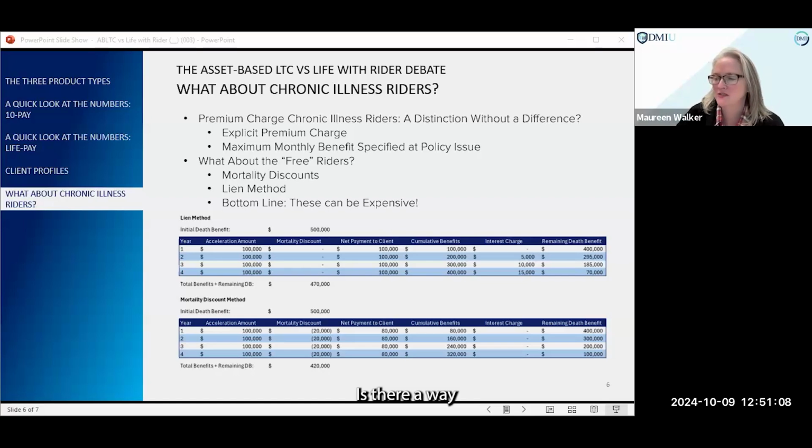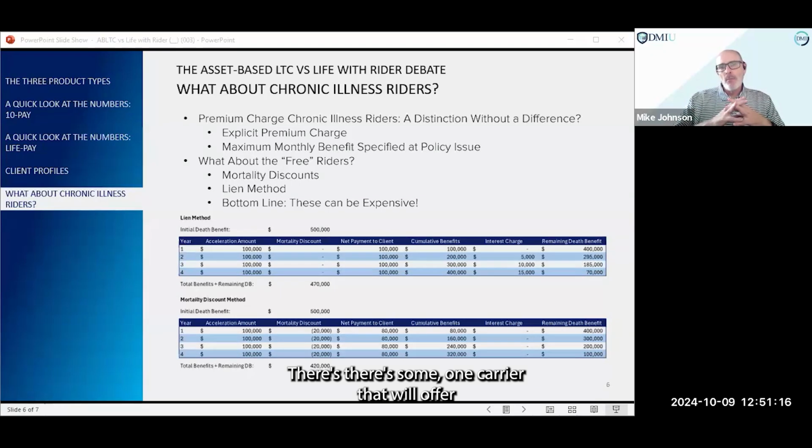Is there a way to use qualified monies to pay for long-term care? There certainly is. It's a little bit more limited. There's one carrier that will offer qualified funds. I think this leads into the subsequent webinar we have coming up on funding sources, qualified versus non-qualified funds.